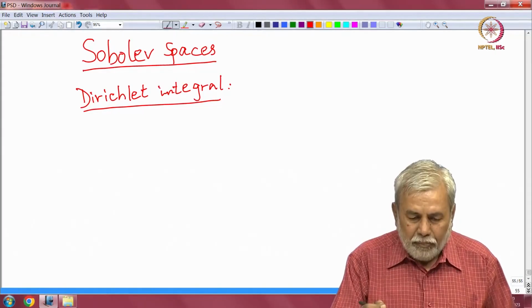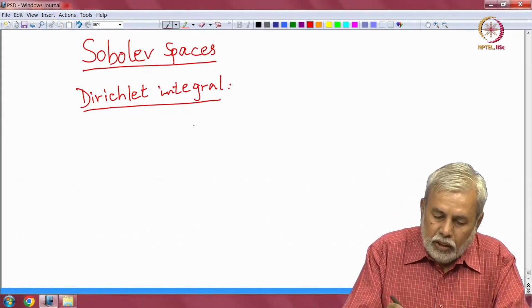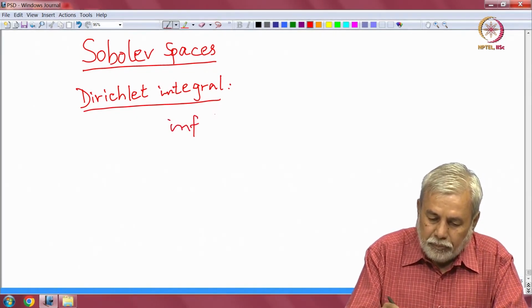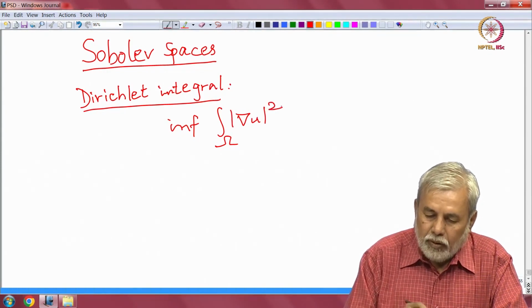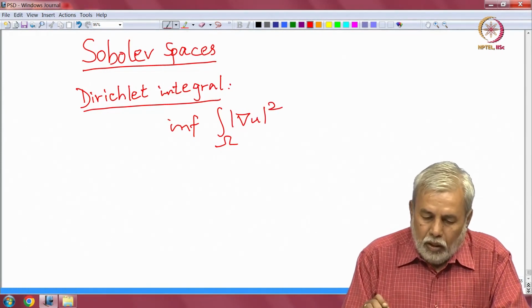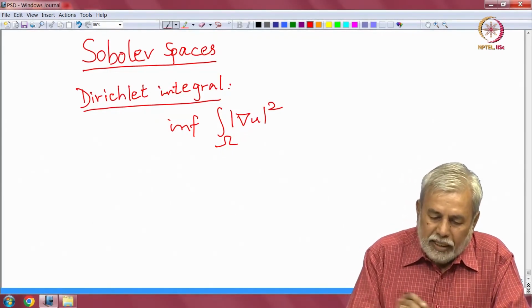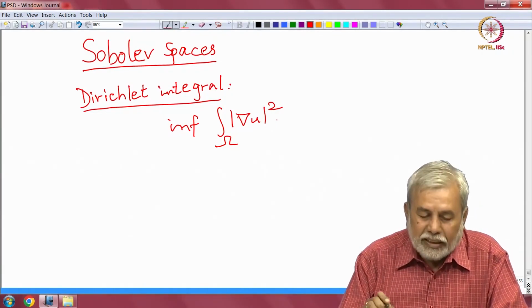So similarly, now let me state here, let me write infimum of this integral, this is the Dirichlet integral. Without even bringing in the Lebesgue integration, let's try to understand this in the classical sense.